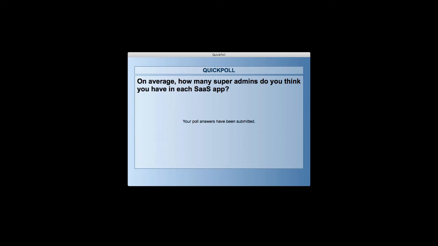So we're talking about your core SaaS applications. These are going to be your Slack, your Google G Suite, your Office 365, your Dropbox, Box. Essentially any core application that you have.